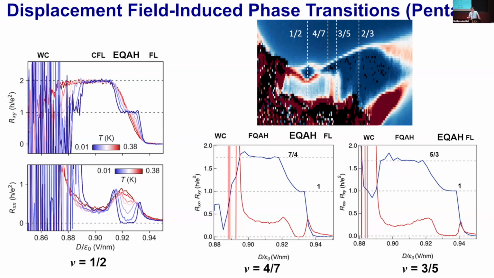So there is some competition between this fractional Chern insulator and this integer extended quantum anomalous Hall effect. That competition depends on the displacement field you apply, depends on the filling factor, depends on the temperature, and depends on the current.